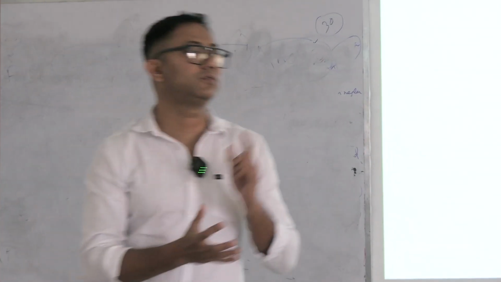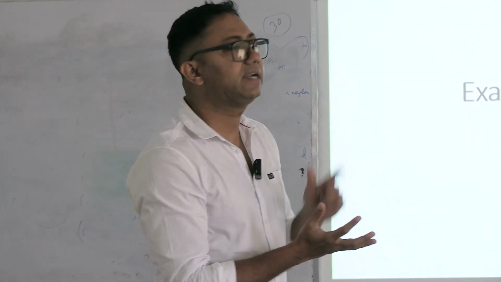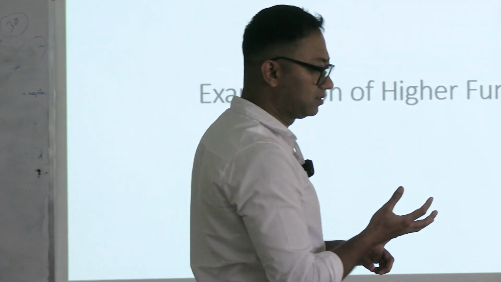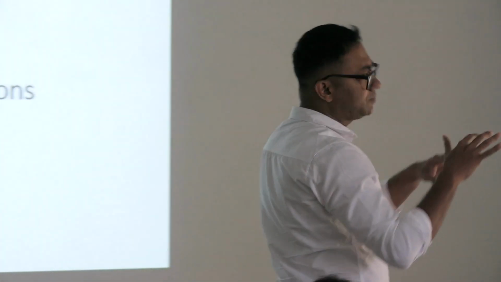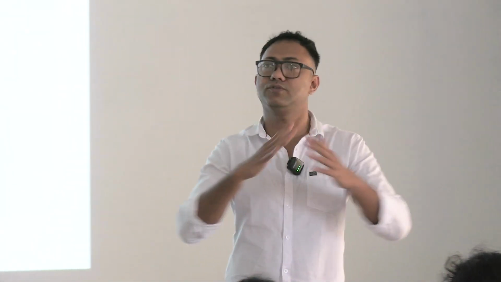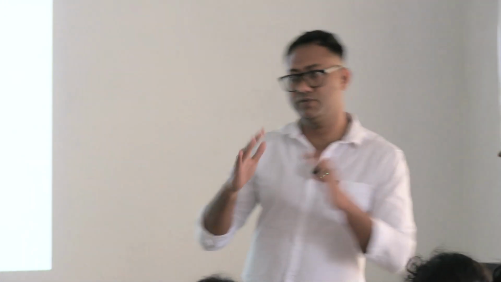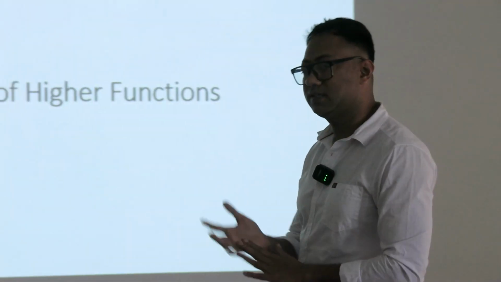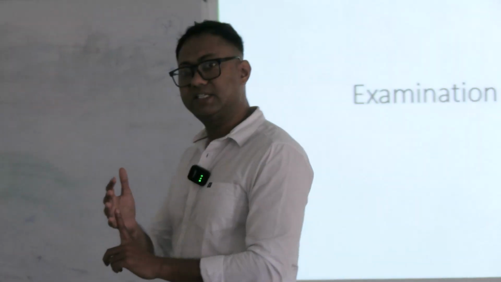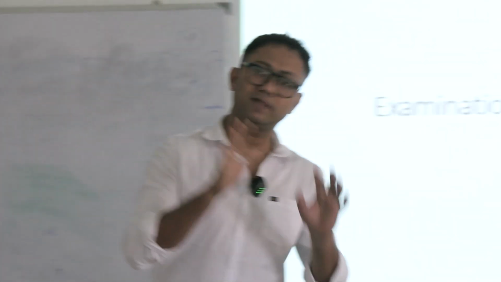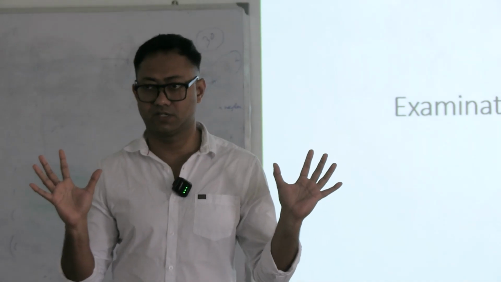And you need to test the motor function and the sensory function as well. So examination of the nervous system is a broad thing, under which you need to check many things: all cranial nerves, higher function, sensory system, and motor system.